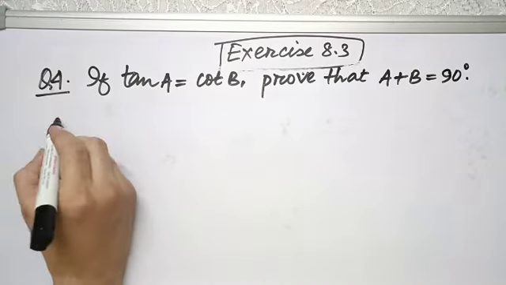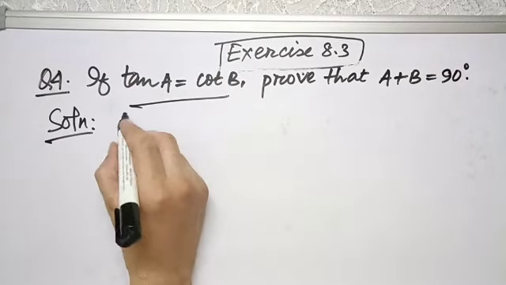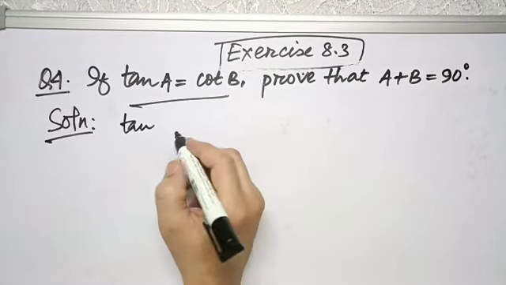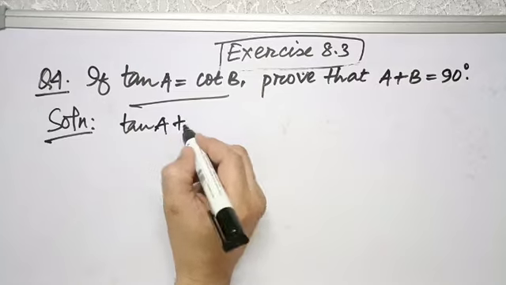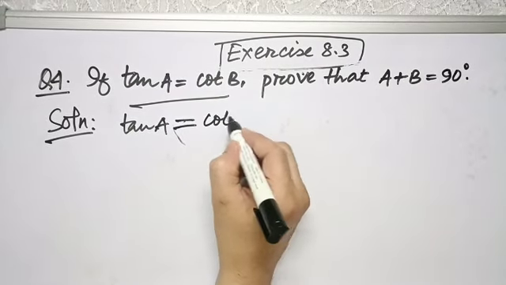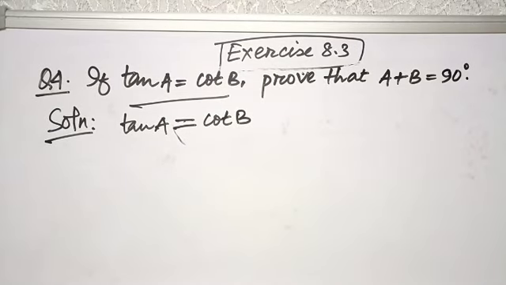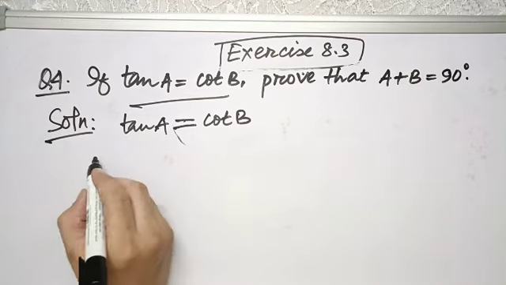So here let us take the given thing, that is tan A equal to cot B. We'll change either of the values and then we'll solve.